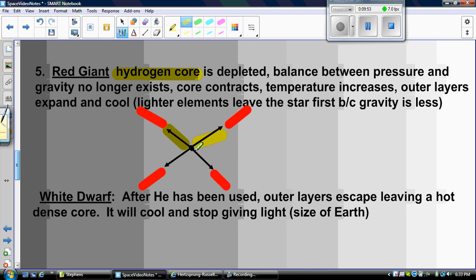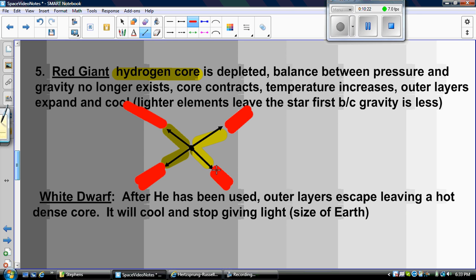And when that decreases, the force of gravity takes over and we have an unbalanced force, because the force of gravity is now stronger, and so it's going to exert a lot stronger force. It's going to start pulling the star down to the center, all the mass to the center.